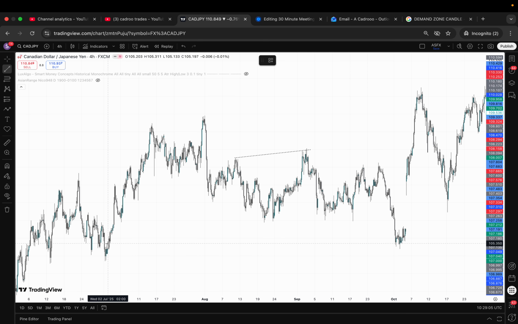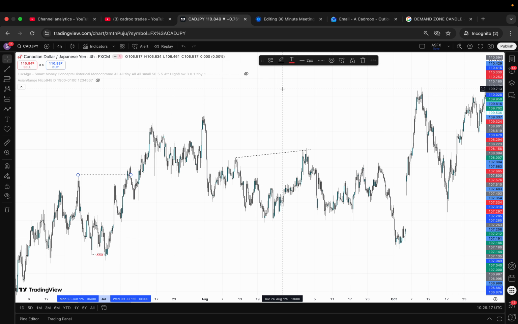What's our first checklist? A sweep of liquidity. Okay. It was a break of structure.